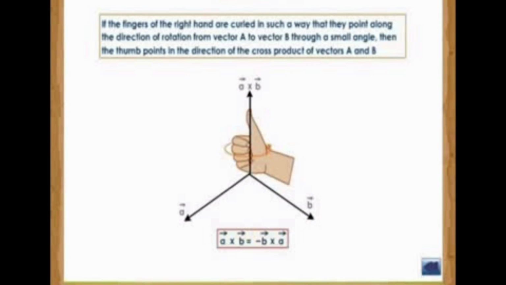You can give values to theta, such as 0, 90, 180, 270, 360, and you get different values of sin theta and cos theta. For sin theta, 90 degrees gives a positive value and 180 degrees a negative sign. For cos theta at 0 it is a maximum. Suppose we give 90 degrees, then cos theta is 0, right? So these are all the different properties of the scalar product and the vector product. Okay.